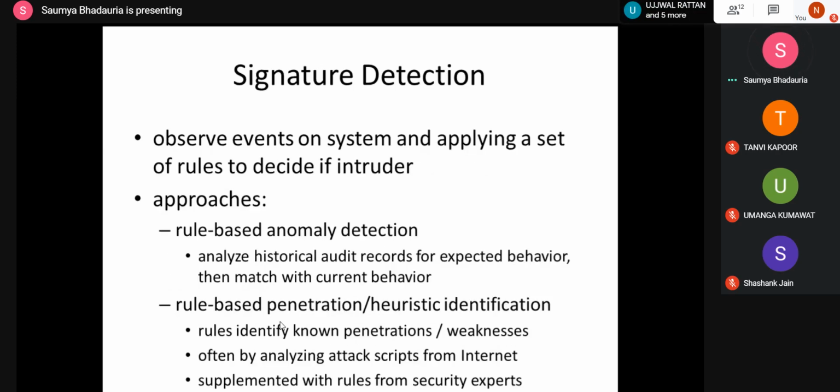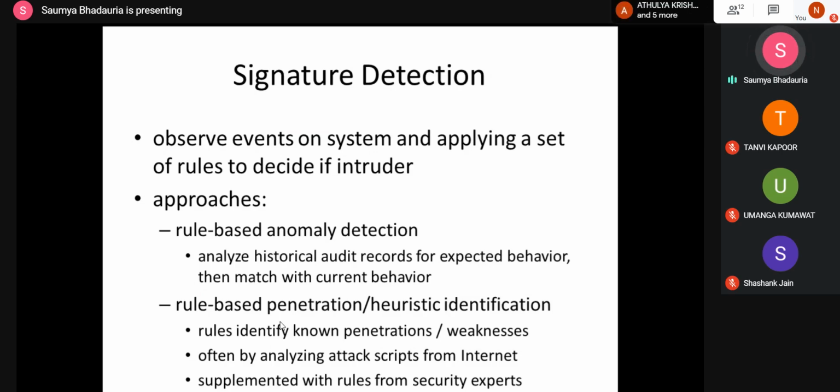Okay. The other thing which happens in signature detection is that you are having the template and comparing it with the current behavior. The approaches used for signature detection are based on rules, because I previously told that it is signature or heuristic based detection.